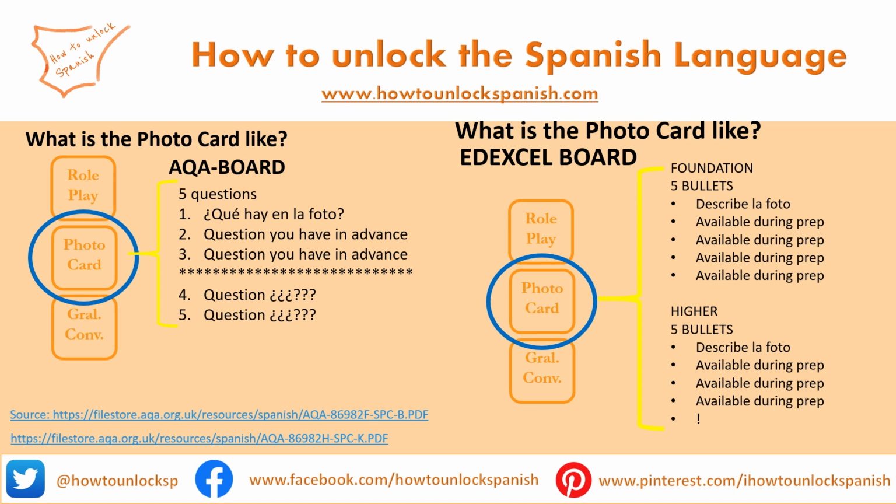The first question in the AQA board is always going to be ¿Qué hay en la foto? And the first question in the EDEXCEL board is going to be Describe la foto. And today's video is about how to face this question during the preparation time, preparing the answer, and then during the actual exam with the examiner.